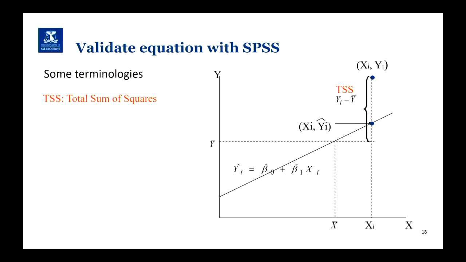First, we have one terminology called total sum of squares, which is calculated from yi minus the mean of y. What does yi mean?